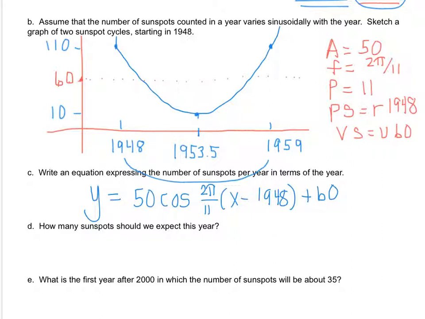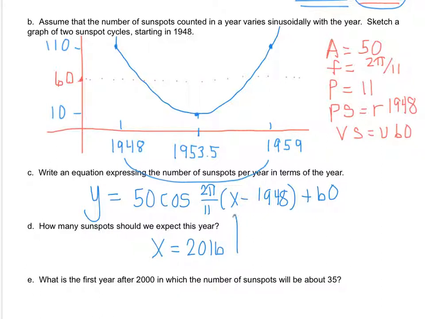Now, how many sunspots would you expect to see this year? Well, you could plug in 2015, take x equals 20, actually we're in 2016.